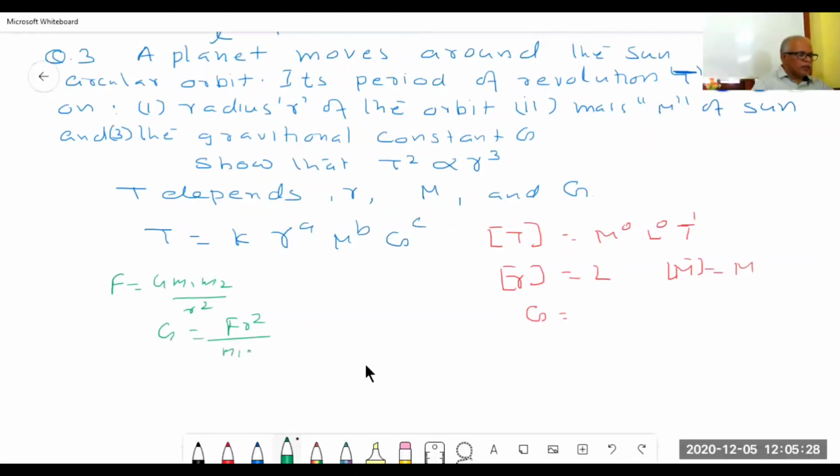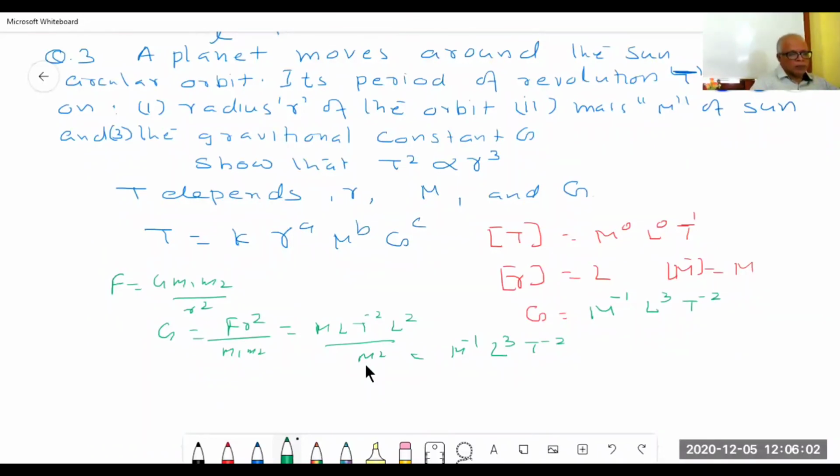You can directly write here M L T raised to minus 2 into L square by M square. So M raised to minus 1 L cube T raised to minus 2. I hardly remember anything, I just derive it then and there. This must be the dimension of G.